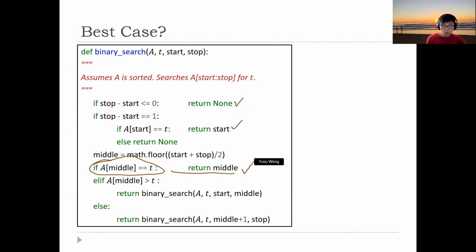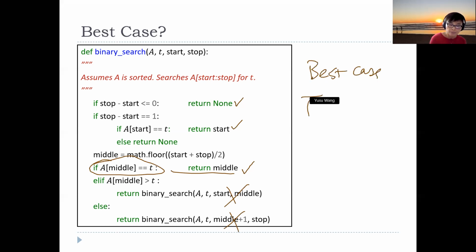We will not go to any of these recursive calls. So if the number you're looking for is in the middle of the current array, then we return in constant time. So the best case, no matter how big your input size is, if you get lucky, it's only constant time. So that's easy.